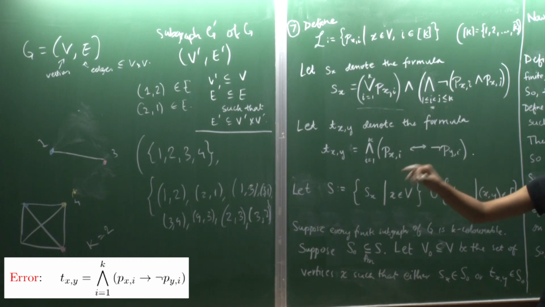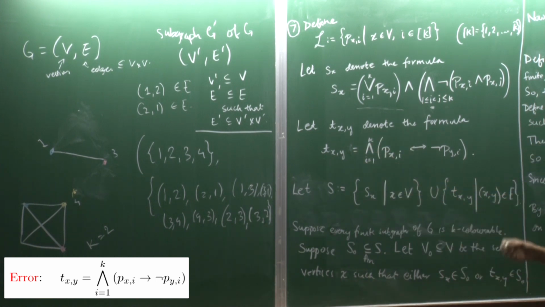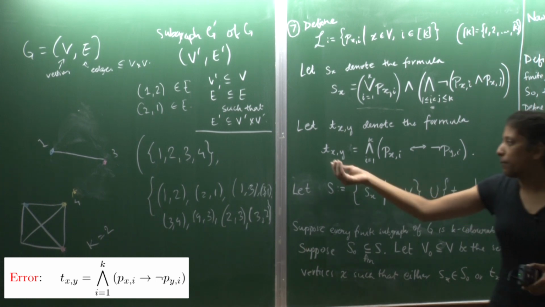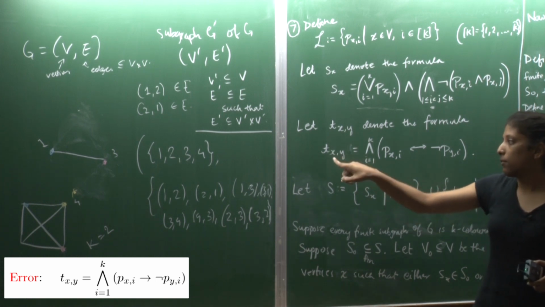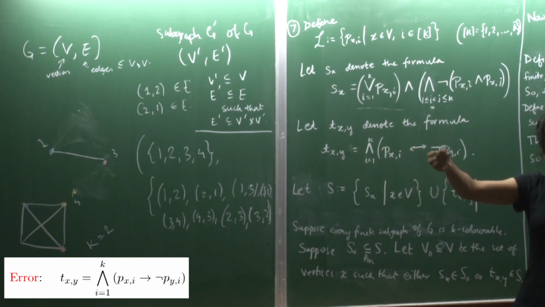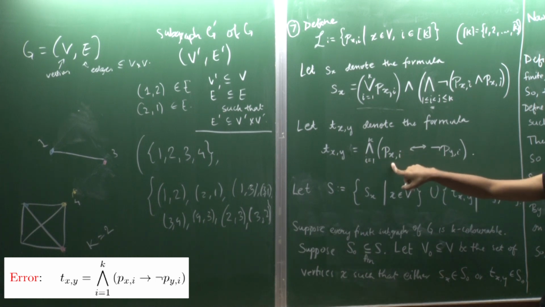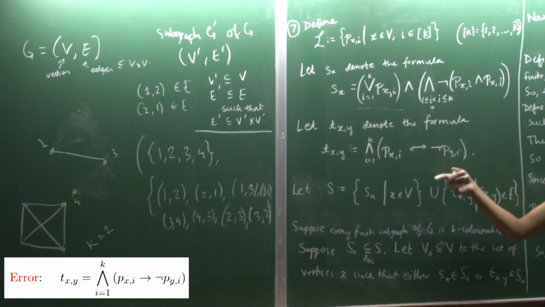I haven't even said what it's defined for, but we'll come to that later. Intuitively, if x and y are endpoints of an edge, then for each color, x receives that color if and only if y doesn't receive it, or vice versa, right?